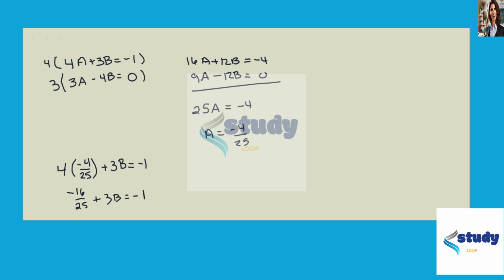Add 16/25 to -1, and I get -9/25 equals 3b. Multiply both sides by 1/3, and I get b to equal -3/25.